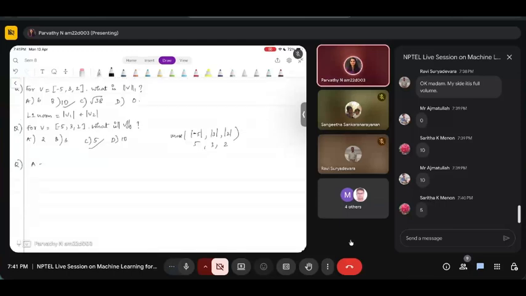So A is equal to 1, 2, 2, 0. What is the Frobenius norm of A?